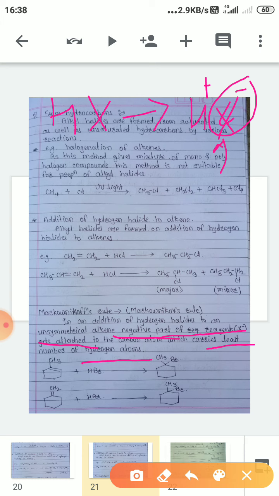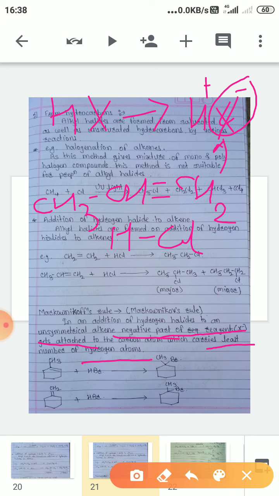If we consider the example of propene, CH3 CH double bond CH2, and we add HCl across this carbon carbon double bond.